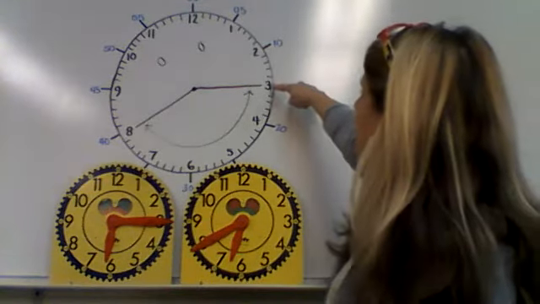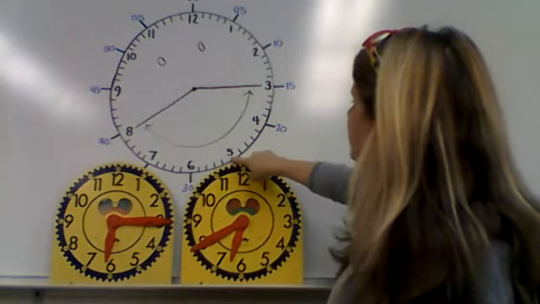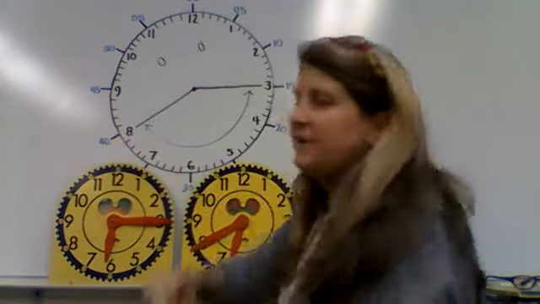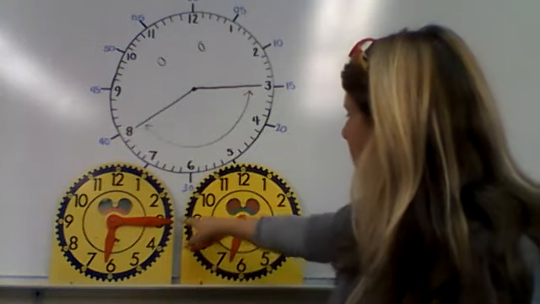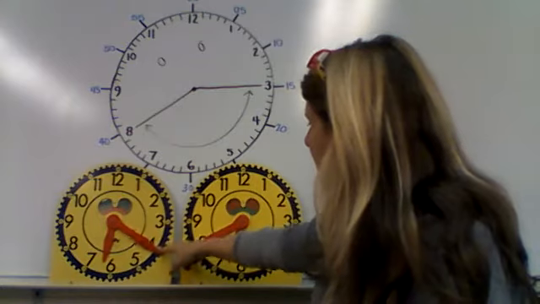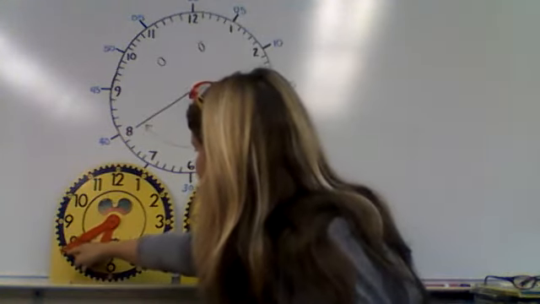Well, if we look up here, we can start counting 5, 10, 15, 20, 25. Let's look and do the same thing here. We're going to go from 3 to the 8. That's 5, 10, 15, 20, 25.